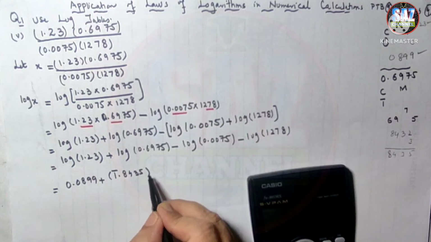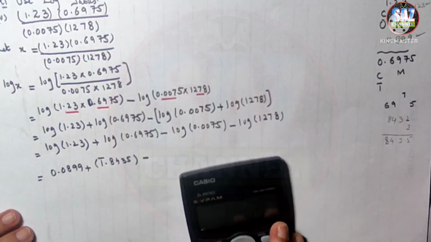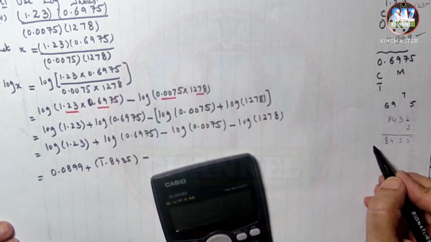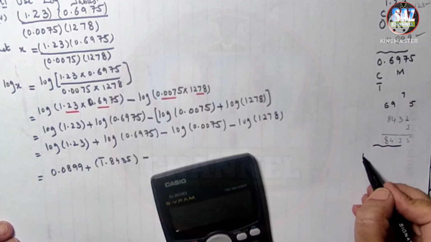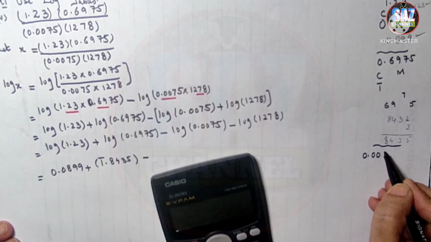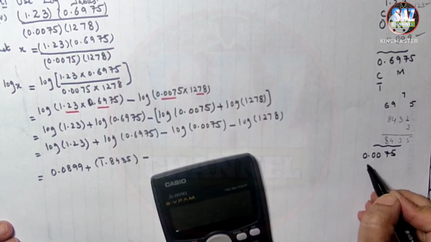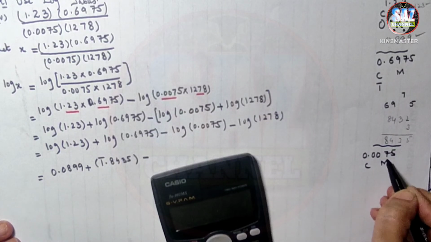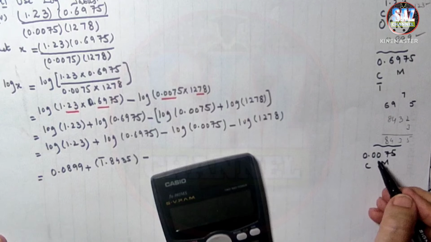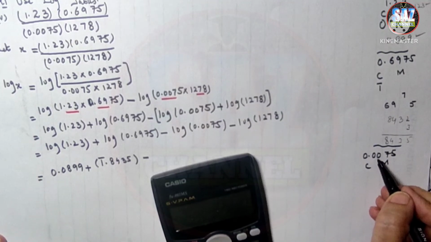So the log of this part of the question will become 1 bar 0.8435, and now minus the third part of the question is 0.0075. Again, first of all, I have to think about characteristic and mantissa, and here we can see that there are 2 zeros after the decimal. The number is less than 1.